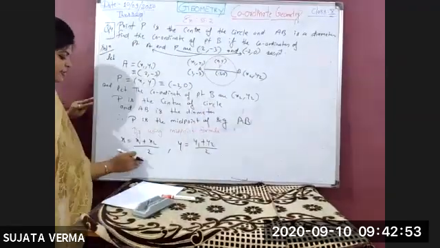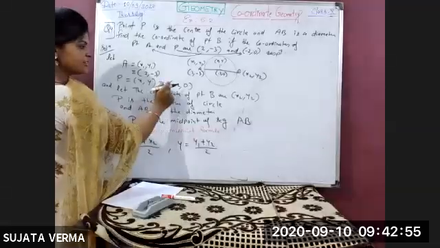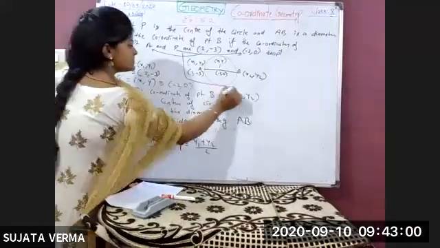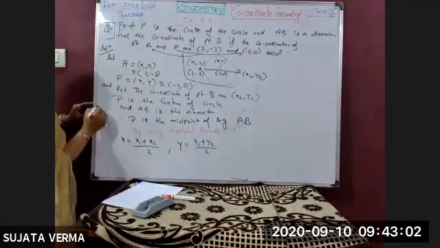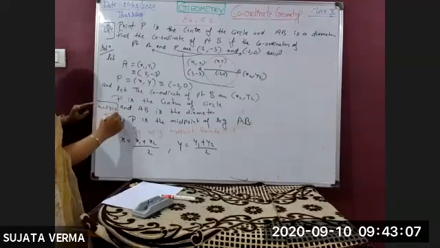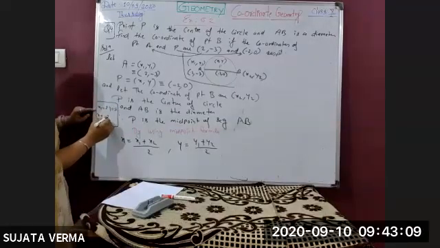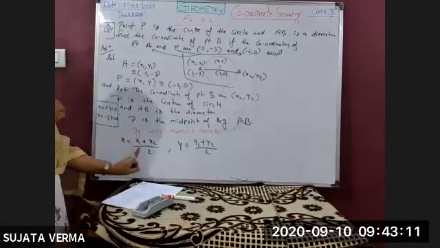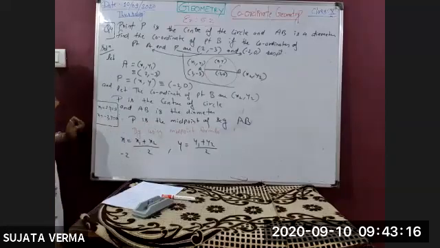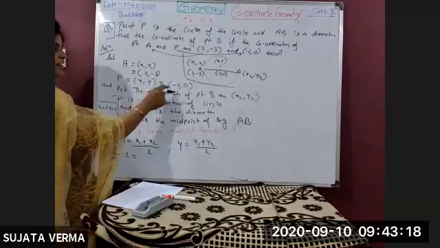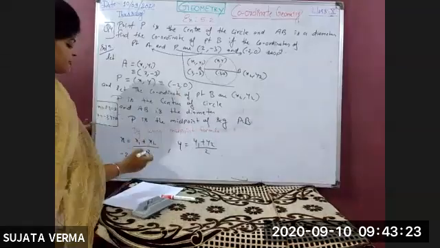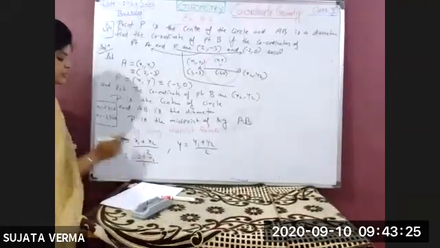Then substitute. x1 is equal to 2, y1 is equal to -3, X is equal to -2, Y is equal to 0. Now, -2 is equal to 2 plus x2, divided by 2.